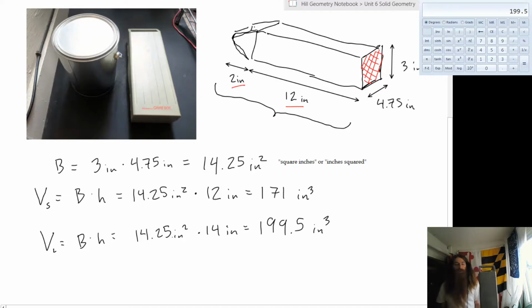Now, I could do some additional calculations, and if I was doing it, I would try to figure out what is the volume of this handle right here, because it's almost a rectangular prism. This is almost a triangular prism. But for us right now, I'm just going to guess. But it's an educated guess, which makes it an estimate.